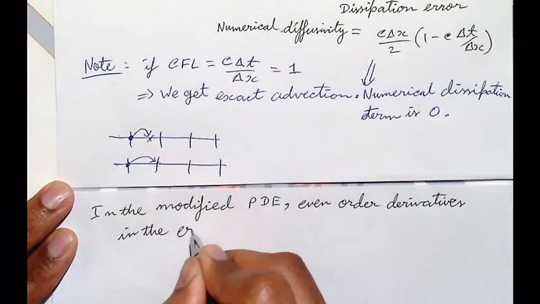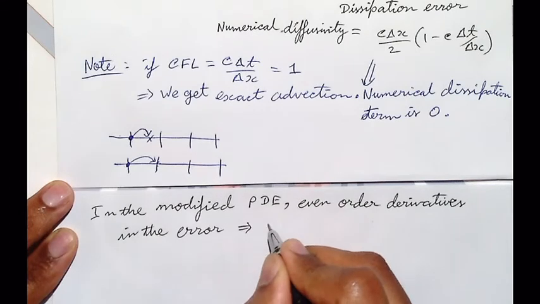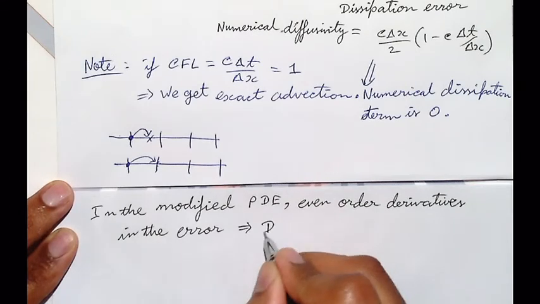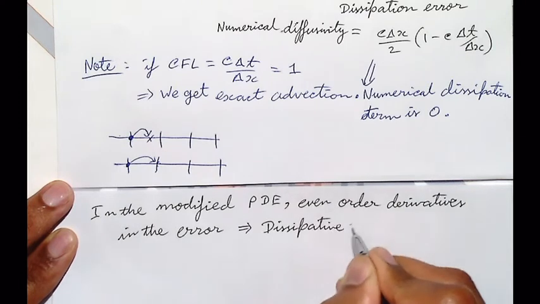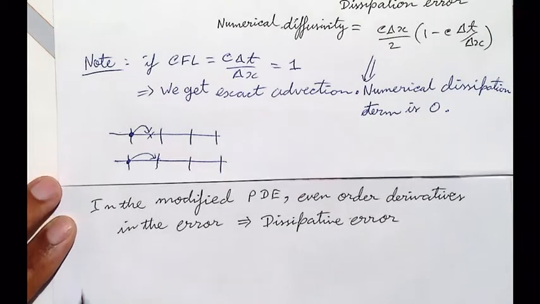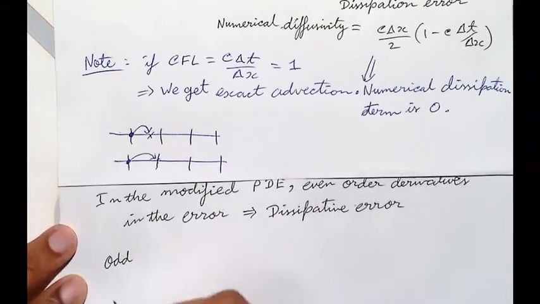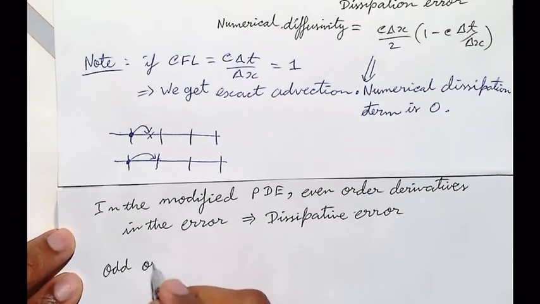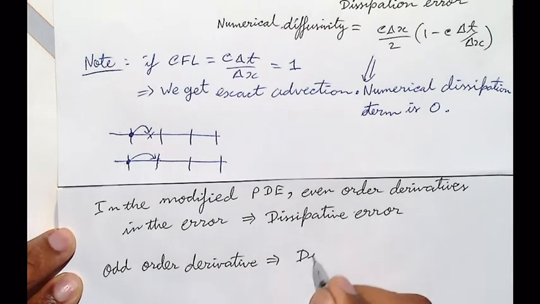In the error, even order derivatives constitute what's called dissipative error, and that looks like diffusion, and odd order derivatives are what cause dispersion error.